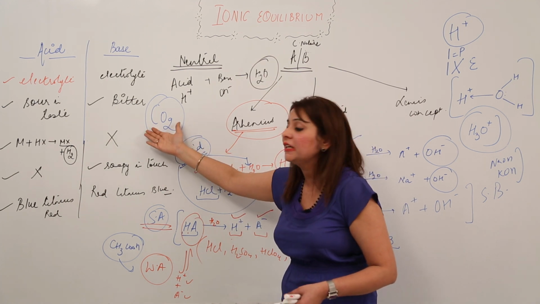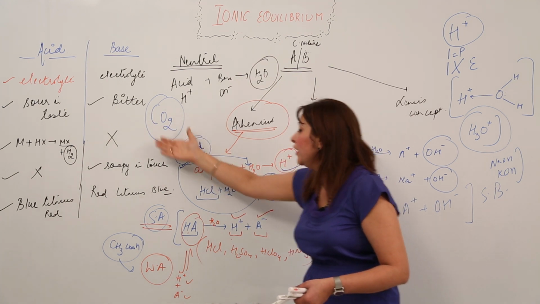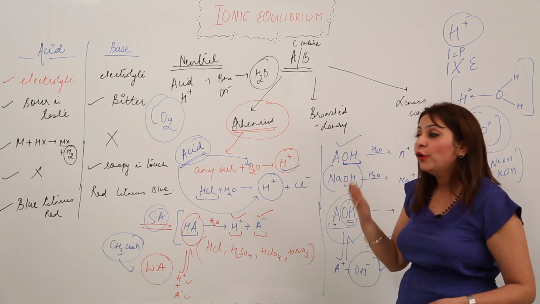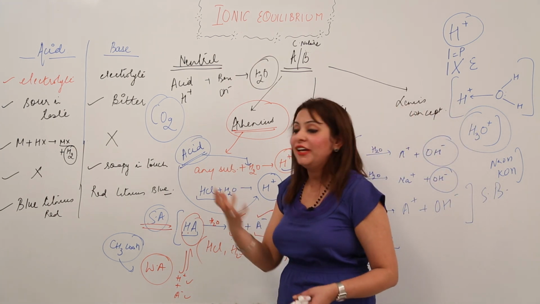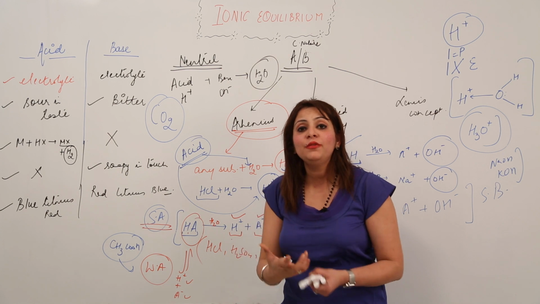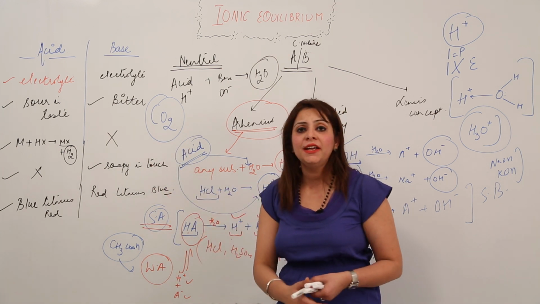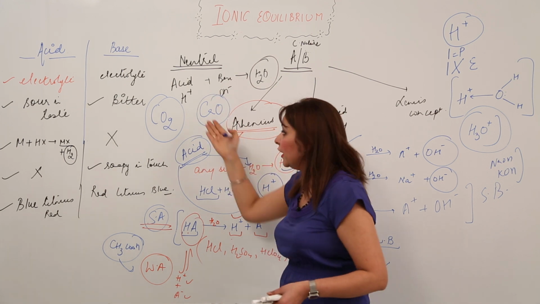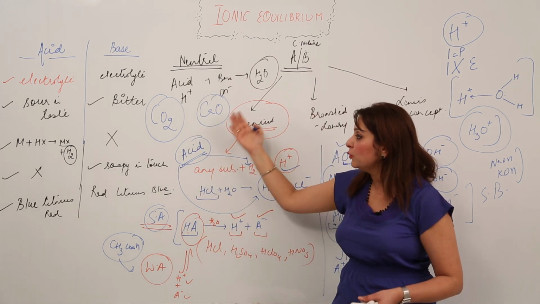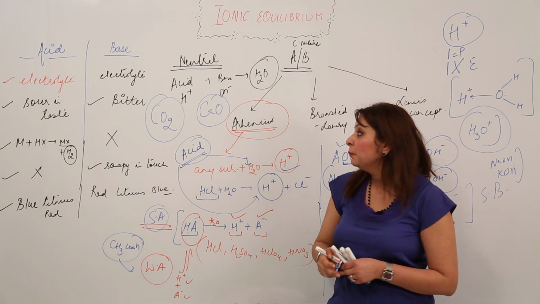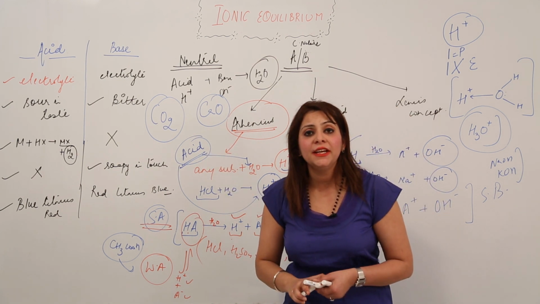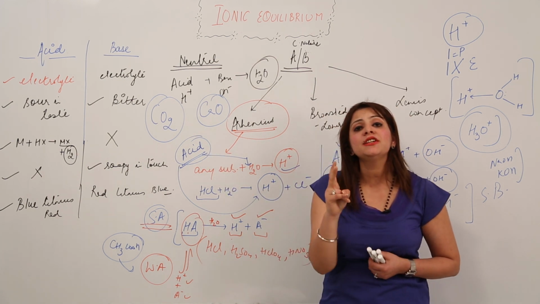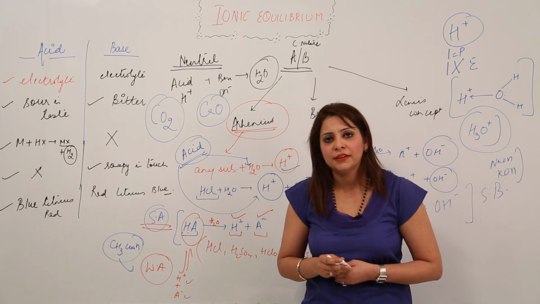It possesses neither the H ion nor the OH ion. From where did this nature come, by which factor did we come to know that it is acidic in nature? Similarly, in the case of calcium oxide, I am not able to see a hydrogen or hydroxide ion here either, but still we know that CaO is basic in nature. So this is the second limitation which he failed to answer, right?